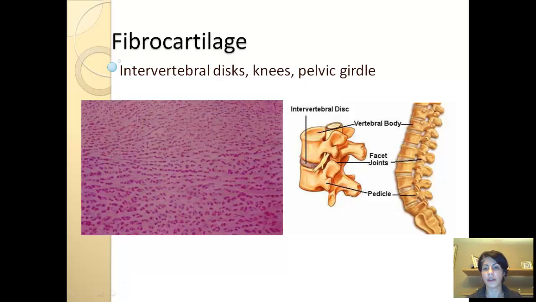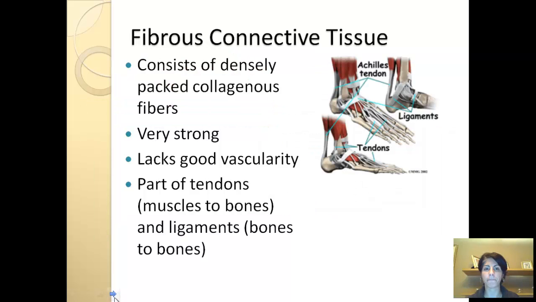Fibrocartilage, like I mentioned, is between the vertebrae, and when we talk about a slipped disc, this is what we're referring to. If somebody has a slipped disc, that means that the fibrocartilage disc that is between the vertebrae has moved. And this is also the type of cartilage that you find in the knees. And when we dissect the knees, you'll get to see a little bit more of that.